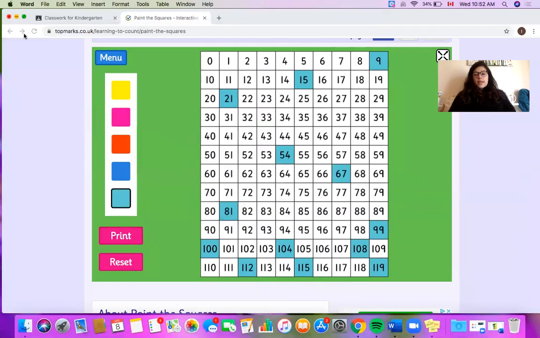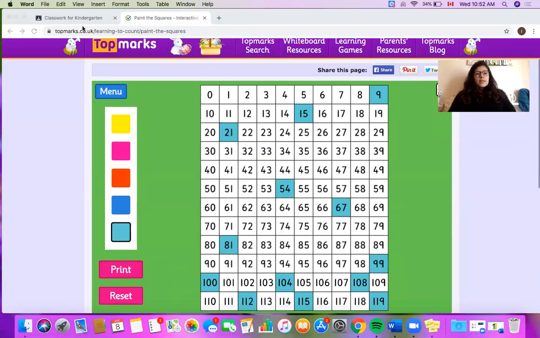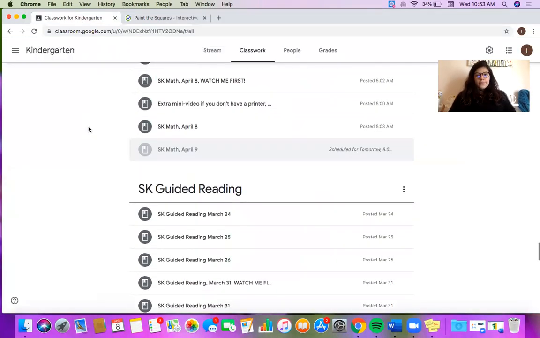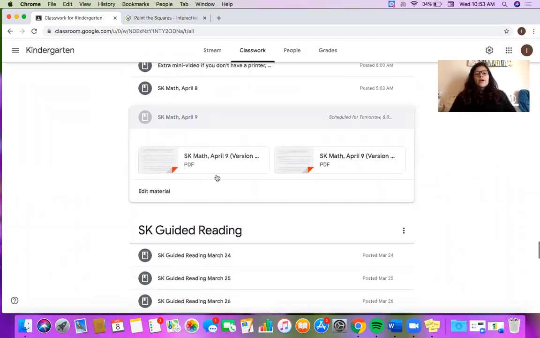Now that we've done that little example, let's go see what we have to do for our math worksheet for today. Okay, so like yesterday, there are 2 lessons available. If you click on the SK Math for April 9th, the first version is if you do have a printer at home, and the second version is if you don't have access to a printer for today.